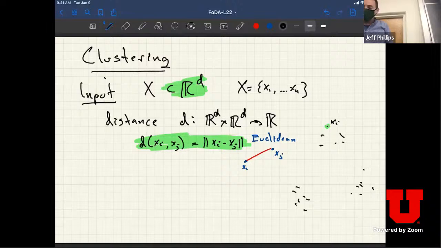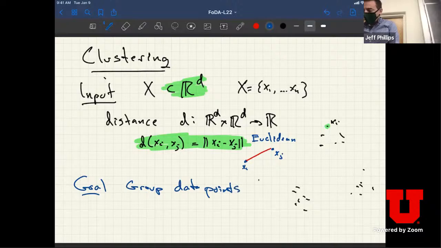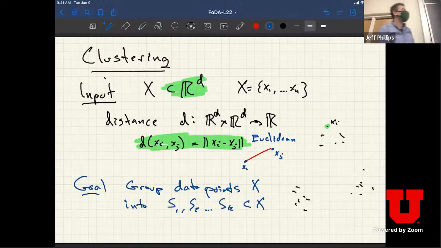The goal of clustering is to group the data points X into, let's say, S1, S2, up to Sk. These are all subsets of X. They're often going to be disjoint subsets. For the k-means clustering we'll talk about, they will be disjoint. For the mixture of Gaussians, they will not be disjoint.